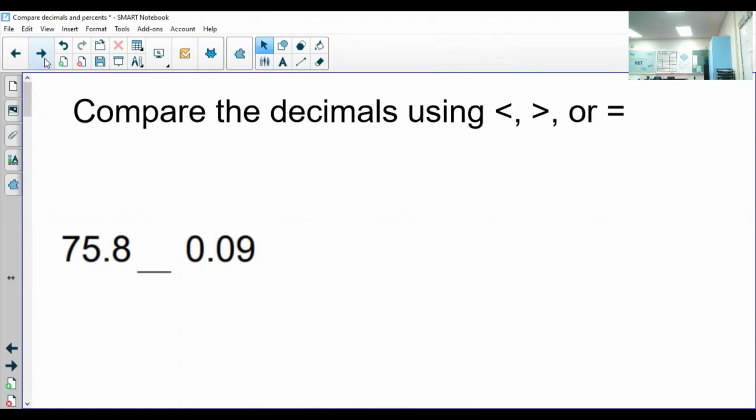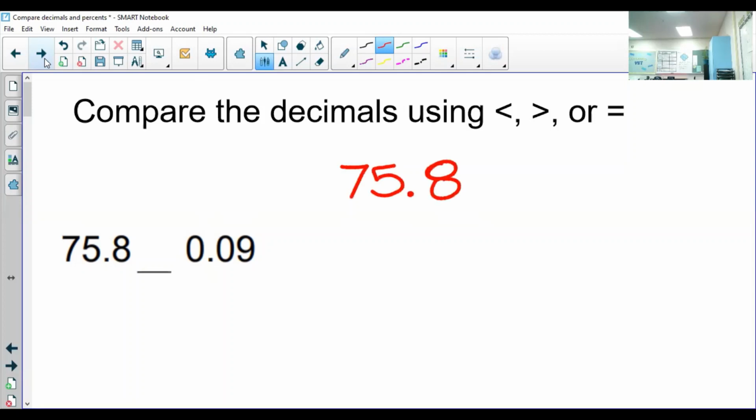Now, the biggest thing to remember when you compare decimals is that you need to line them up. So here we have 75 and 8/10 and 0 and 9/100. 75.8. And what we line up are the decimals. So I'm going to do 0.09.